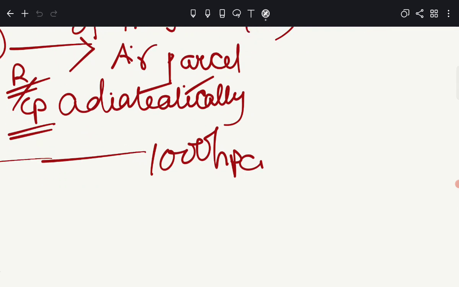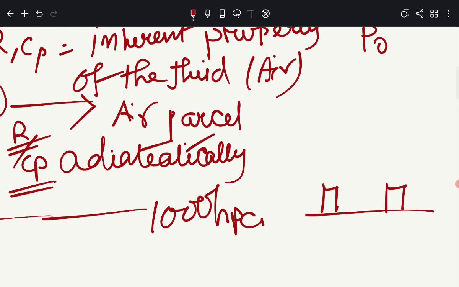Okay, so in most of the cases what we are talking about is an air parcel. These are two types of air parcel. One is considered dry, and one is considered moist. Moist means there is some sort of moisture.